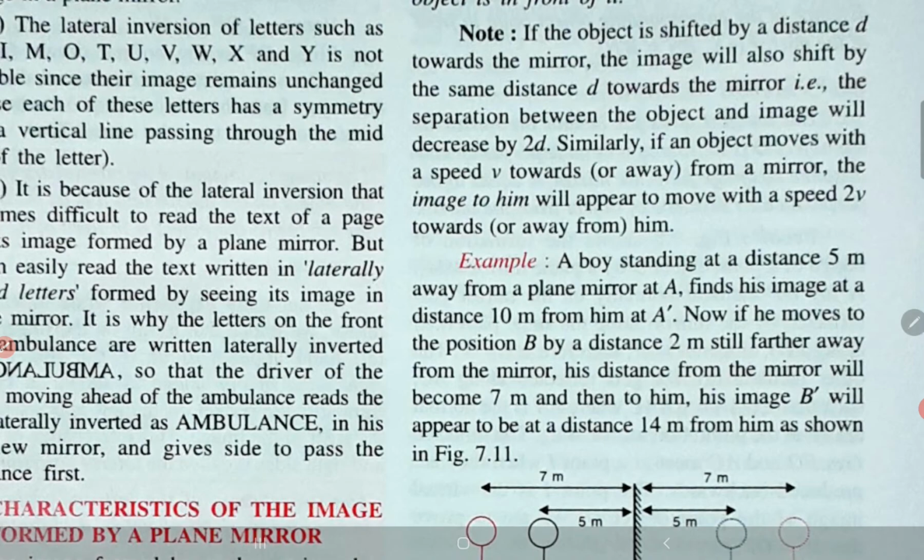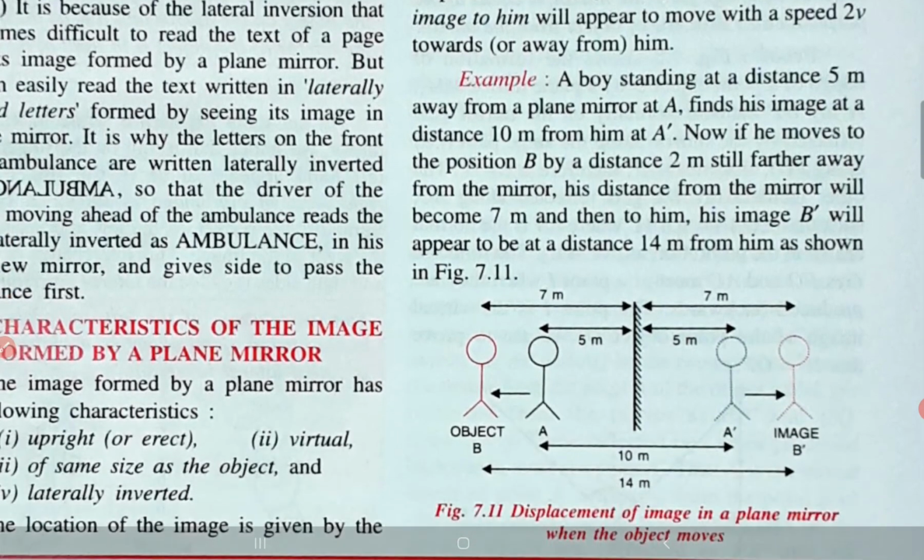For example, a boy standing at a distance of 5 meter away from a plane mirror as shown in this figure, at this position A, finds his image at a distance 10 meter from him at A dash, that is 5 meter plus 5 meter, which is 10 meter.